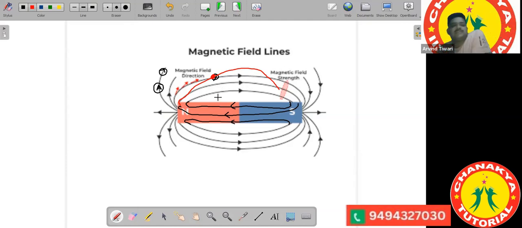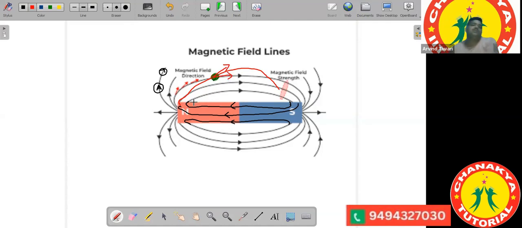If I place a compass needle at this point, the compass needle should point in two directions. At the same place, at the same time, the compass needle should show one direction along this, and it should also point along this.